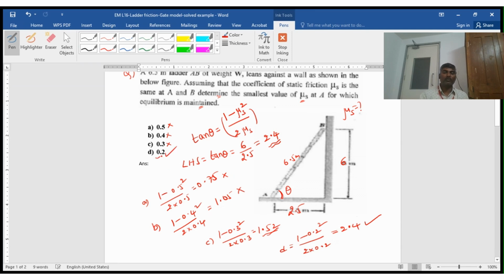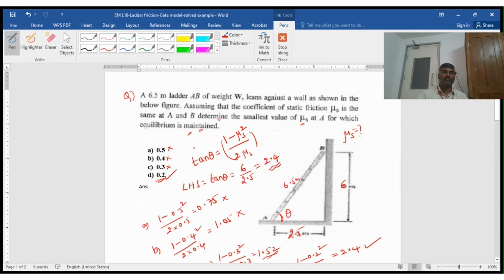So the friction coefficient needs to be a minimum of 0.2 to keep this ladder stable, so that equilibrium is maintained. This is the short way of solving this ladder friction problem with just this single relation, in any model of this for any dimensions given, not just for this dimension.